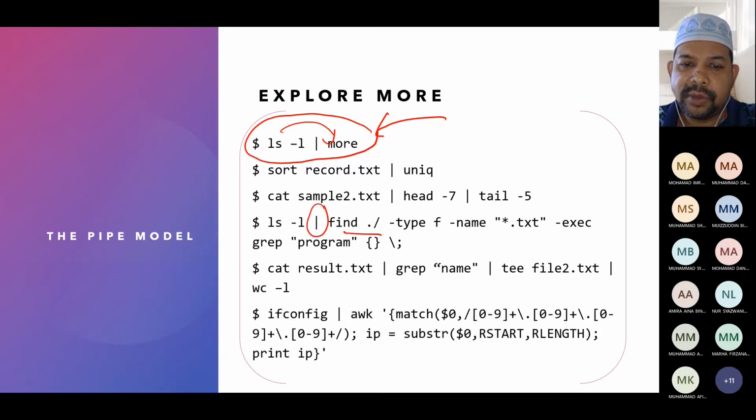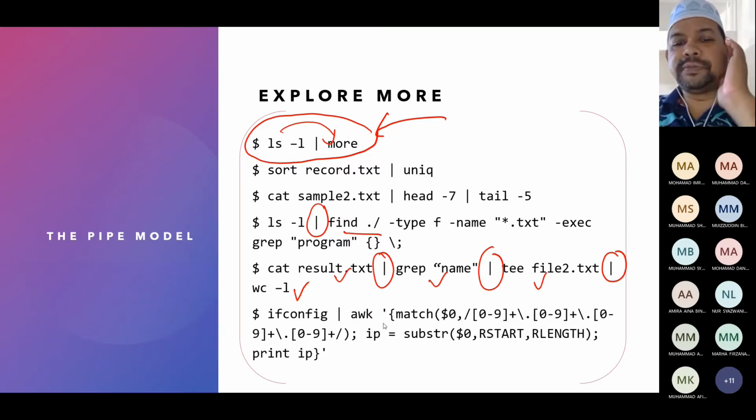Kan? Ini 3. Ini kita ada 2 part. Okay. Kita cat and then grep and then T. 4. Baru kita word count. Right. So if config AWK kan. Oh ni nak cari benda ni kan. Right. Boleh try.